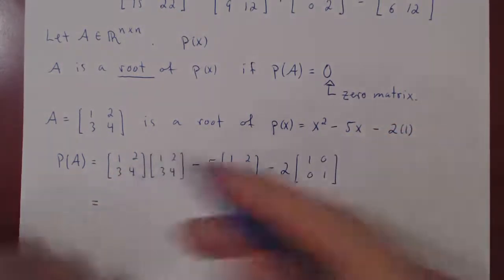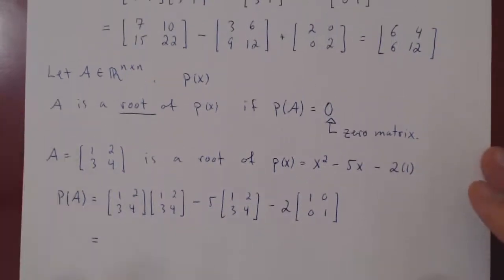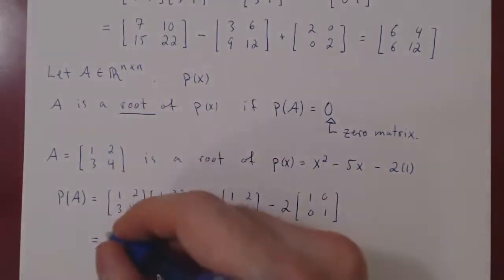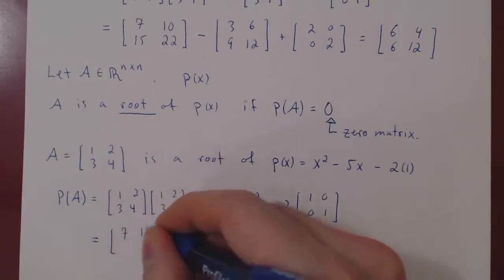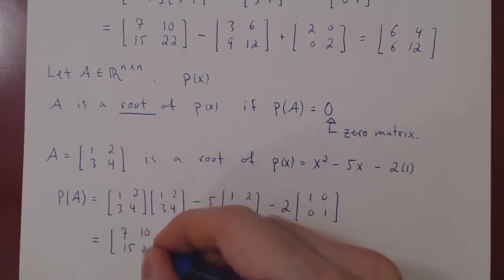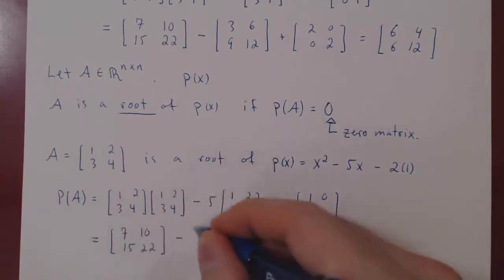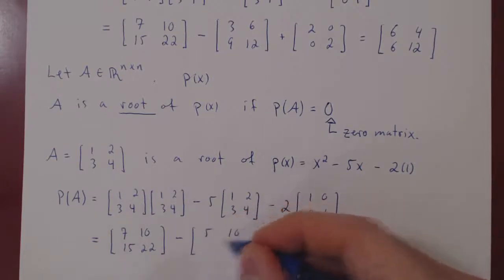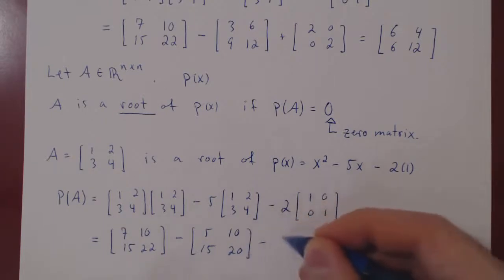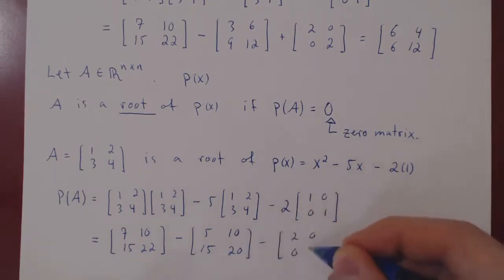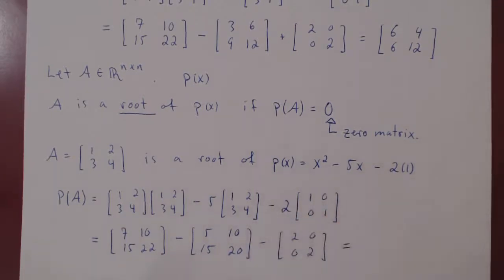We have previously found A squared. If we just look back up, A squared was 7, 10, 15, 22. Minus the matrix 5, 10, 15, 20, minus the matrix 2, 0, 0, 2. And let's see if we get indeed the 0 matrix.